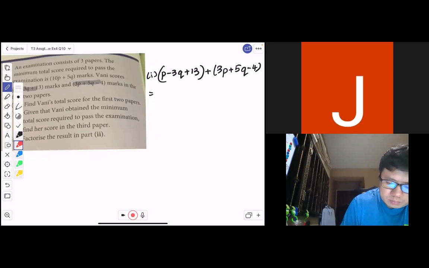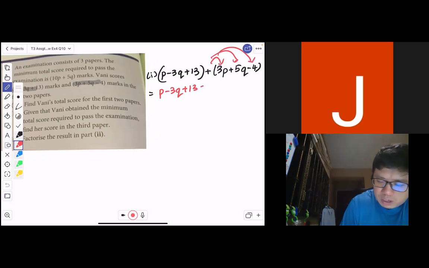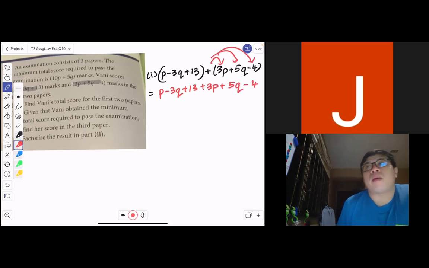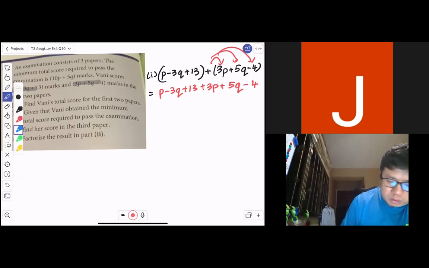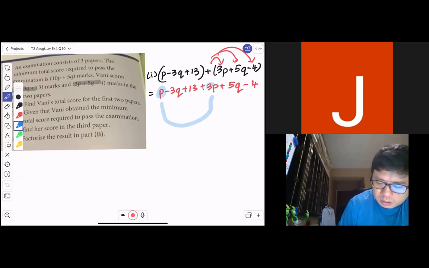So this is P minus 3Q plus 13. Plus and plus, no issue. After that, we combine the like terms together. Here you can see P and 3P give us 4P.